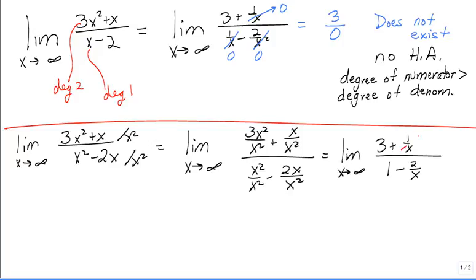Okay, so when you take the limit, that goes to 0, that goes to 0, because x is getting very large in the denominator. So this is going to be 3 over 1, which is 3. So the horizontal asymptote in this problem is y equals 3.